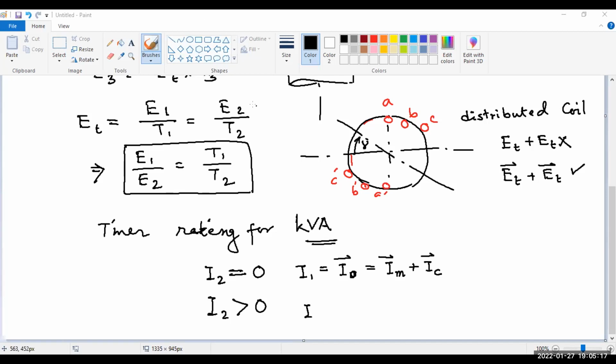If the secondary current flows, then the flux through the secondary coil will increase. But as per Lenz's law, the flux going through the limb cannot change radically. So another compensating current will flow through the primary side in order to kill the flux generated in the secondary side. That's why the current will increase in the primary side.